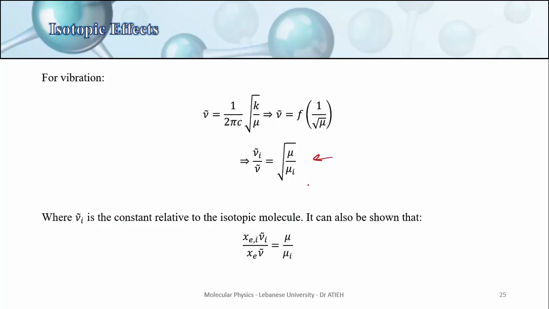We have also seen that in exercises in chapter 3. It can also be shown that Xe for the isotopic molecule times nu I bar equals Xe nu bar, which is equal to mu over mu I.